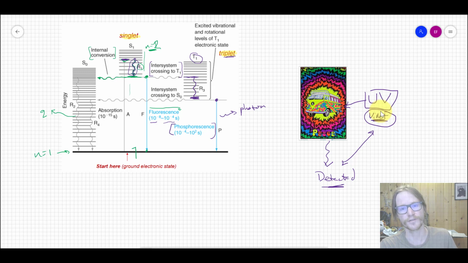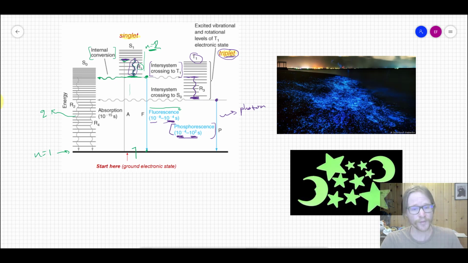In this case, it goes through this forbidden triplet state, and because this is considered forbidden, the process takes much longer. So if you look at the time scale that phosphorescence occurs over, it's on the sort of where fluorescence leaves off. The longest type of fluorescence is where phosphorescence picks up, so about 1/10 of a millisecond, and up to hundreds or even thousands of seconds for certain phosphorescence.